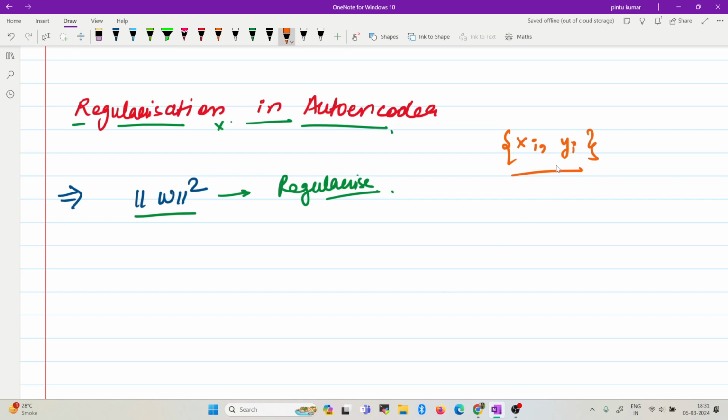There would be some underlying true function for which f of xi was equal to yi. These data points were generated from somewhere, by some function f. The problem is that we don't know this function. This is just basic stuff that I'm repeating, but it would be useful. We don't know what f is.